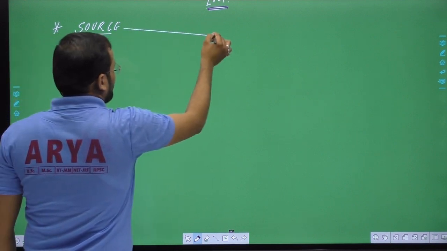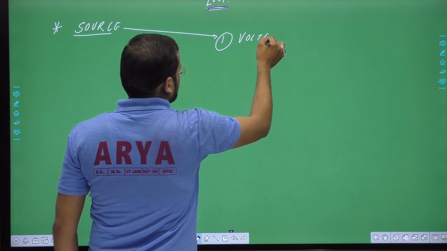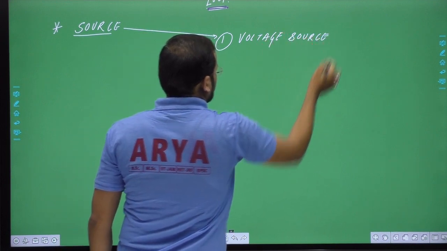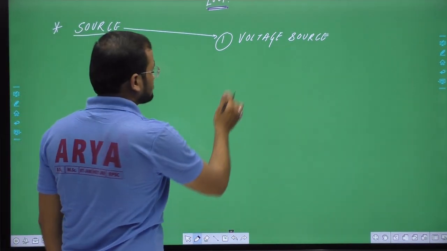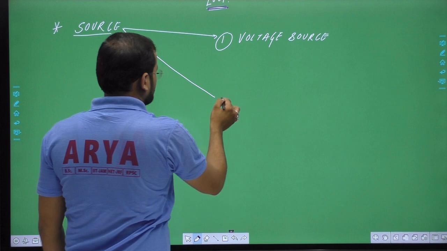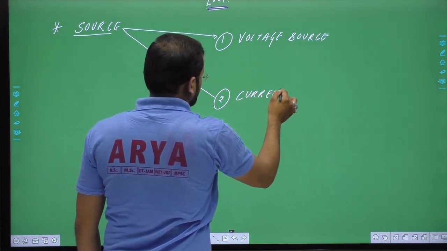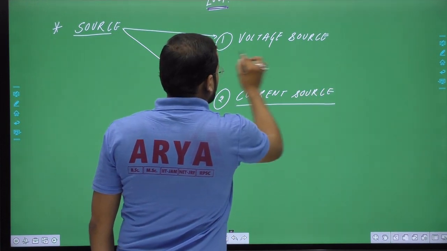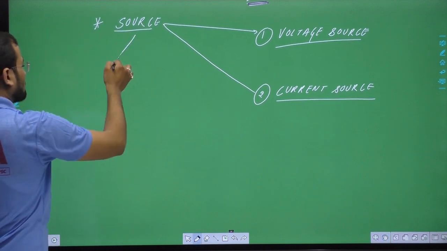So we have two sources generally: voltage source, and second is current source. Again, we have two types of sources.